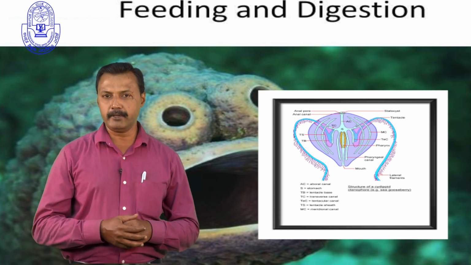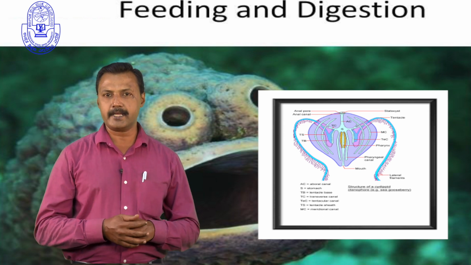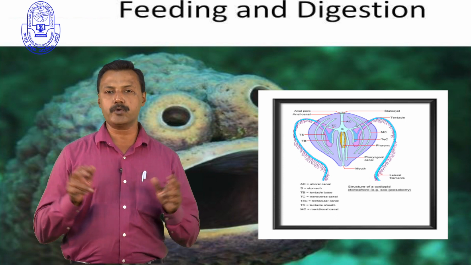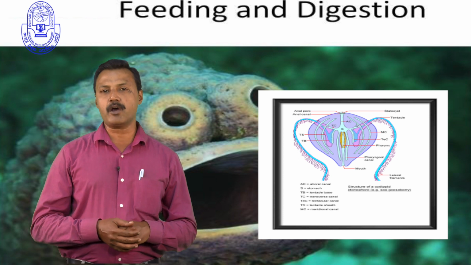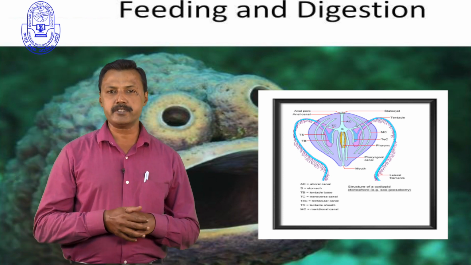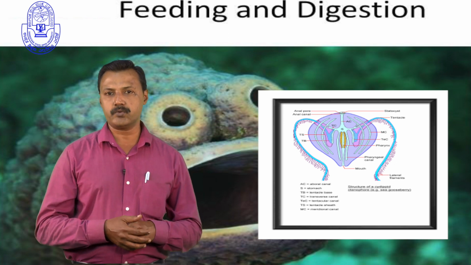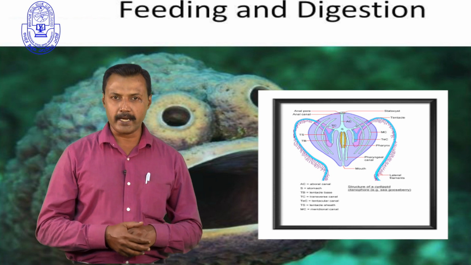Below the stomatium there is an infundibulum. This infundibulum gives rise to a large number of canals, which we call the canal system, and these canals give rise to an intestine and to excretory pores below the oral end.